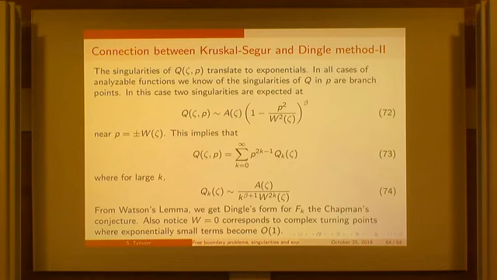You can work out what the asymptotic form of these coefficients is if you know this singularity. You just Taylor expand this, you have a gamma function on the top, a gamma function on the bottom, and look for large k. The large k behavior of the Taylor series in p is what gives rise to this.